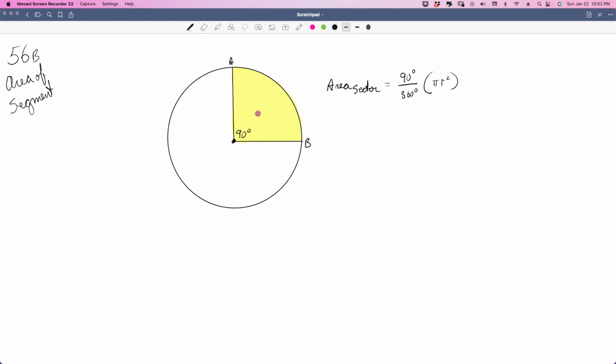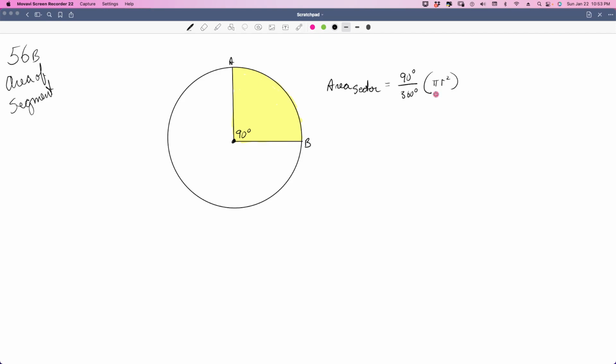We could find the area of this by finding the percentage of the circle that this entails and multiplying that percentage times the total area. So we get a percent of the total area in whatever unit of measure it is. That gives us the area of a sector.